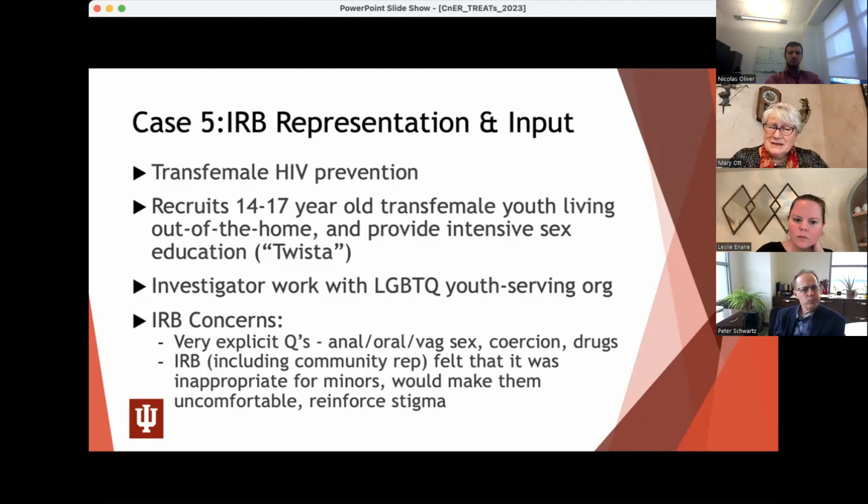IRBs are required to have a community representative. Sometimes the community representation is provided by a partner in a law firm who has some sophistication about regulatory matters, and it is a way for their firm to give back to the community. Other community members have been pastors or other religious leaders.